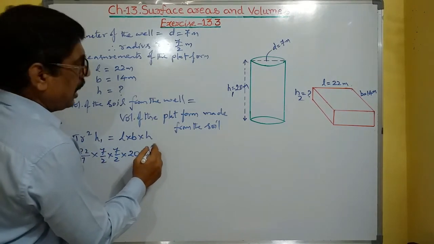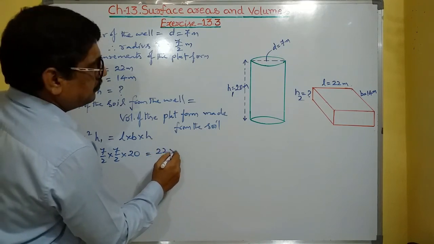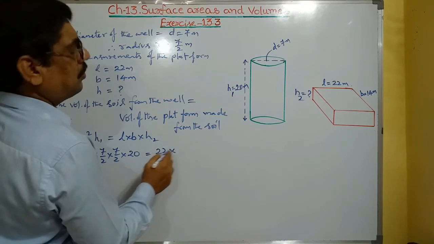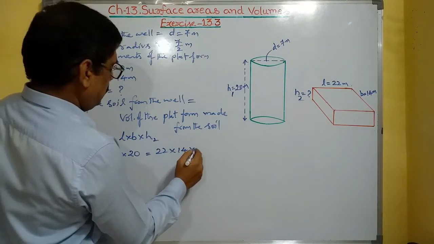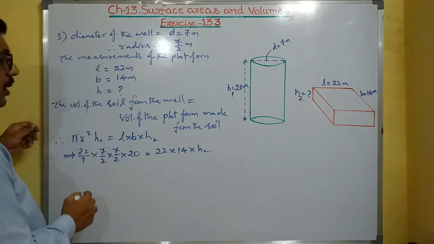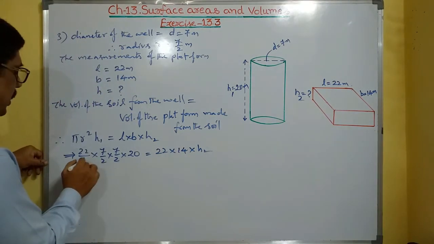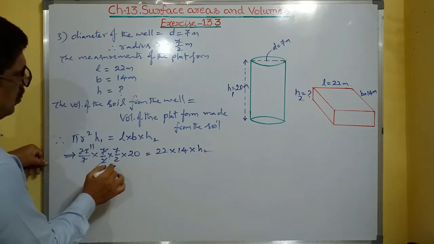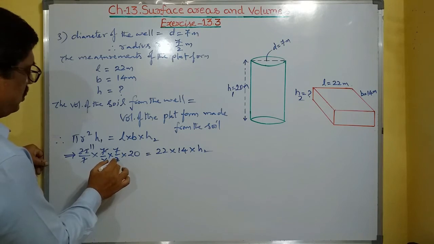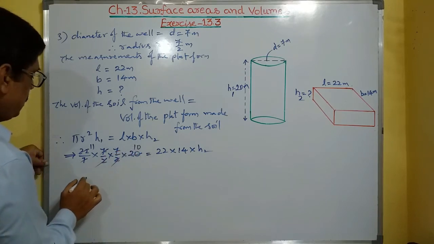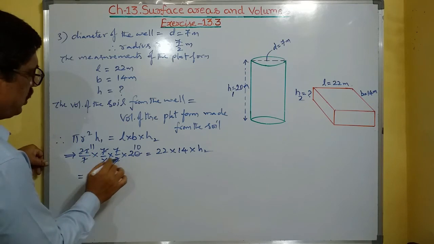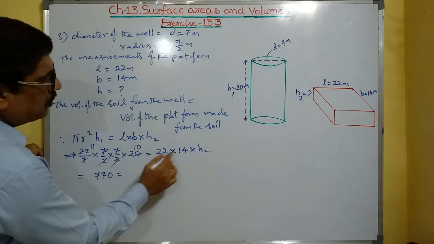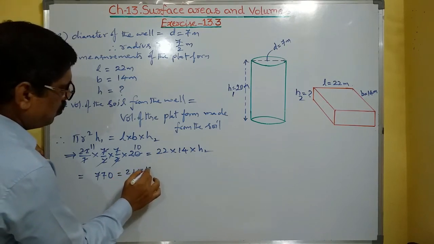Now, this is equal to L into B into H, 22 into breadth 14 into H2. Now here we can cancel 7. 2 11s are 22. Now here 2 10s are 20. So we get 11 into 10, 110 into 7, 770, is equal to 22 into 14 into H2.